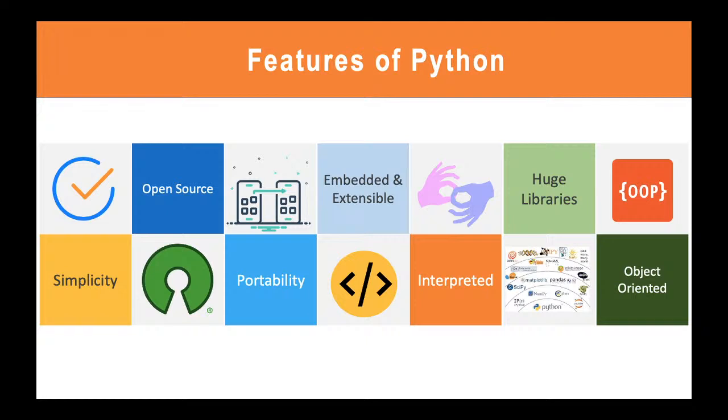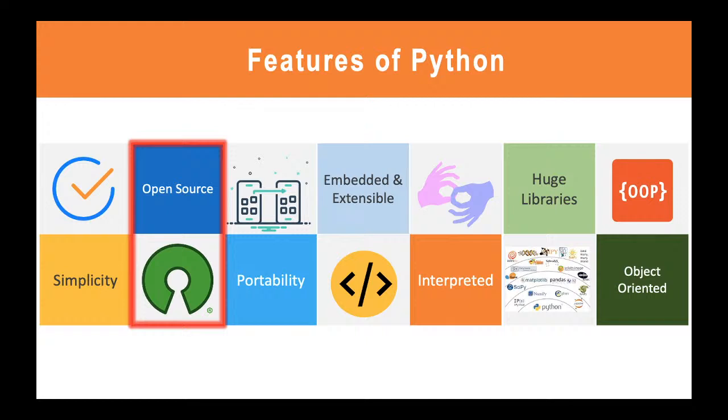The next feature is being open. As I say, it's FLOSS, that is, free and open source software. Open source makes it a powerful language, and it's free for everyone to use as needed.